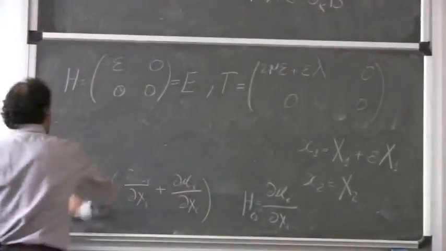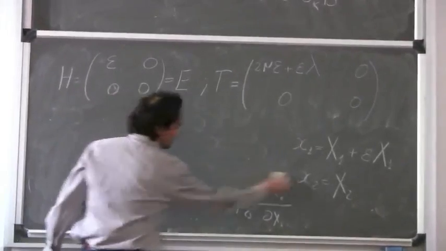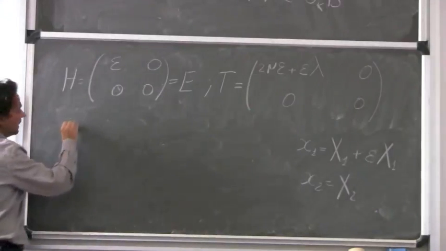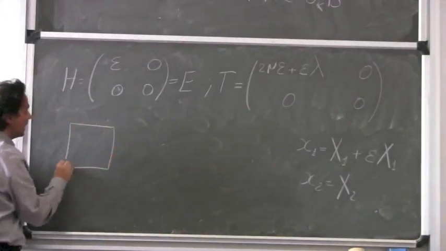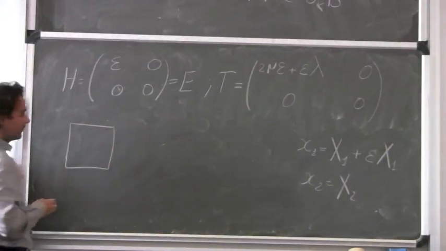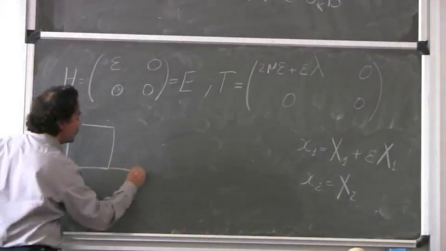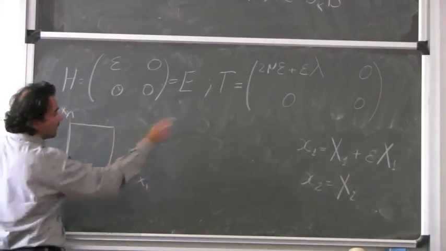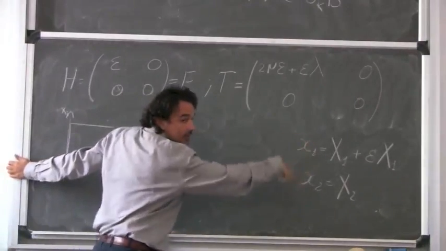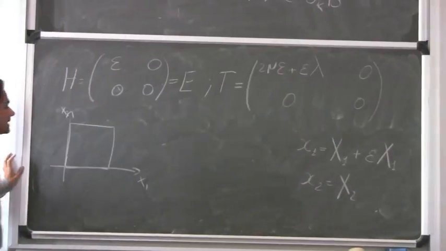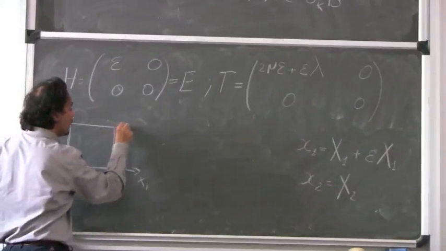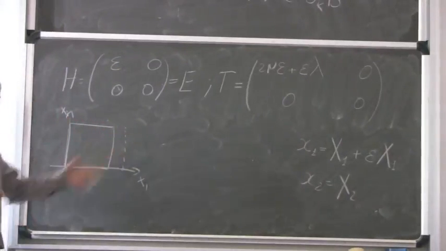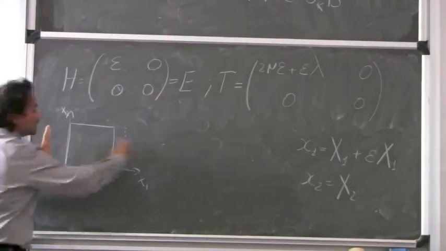Now we have to go a little bit deeper. Let us assume that here we have a square, like last time. You remember that this was x1, this was x2, and in order to get rid of this displacement, this square, our body, is enlarged, is elongated in one direction.